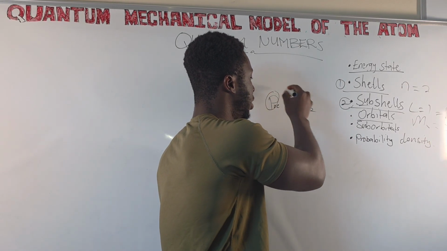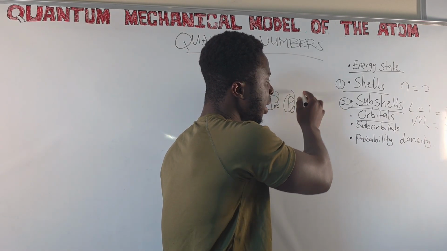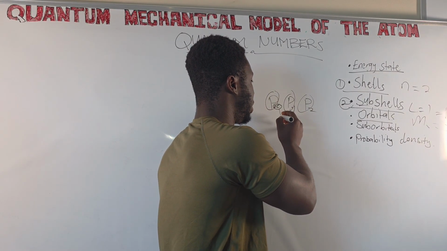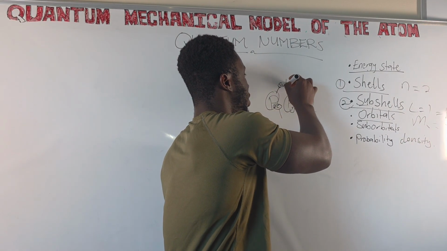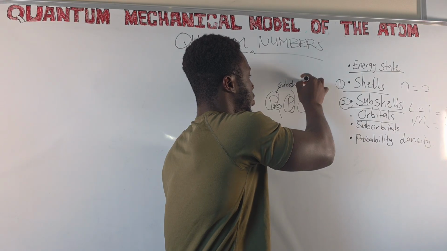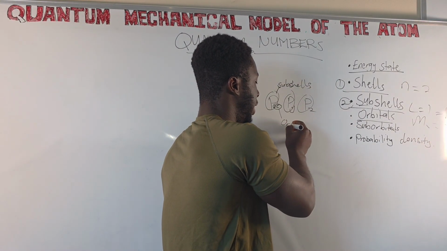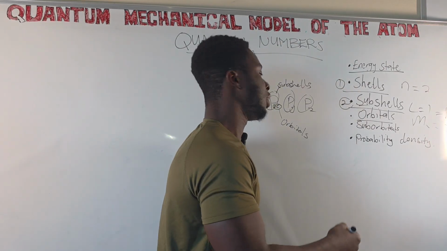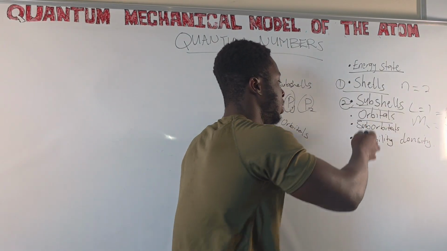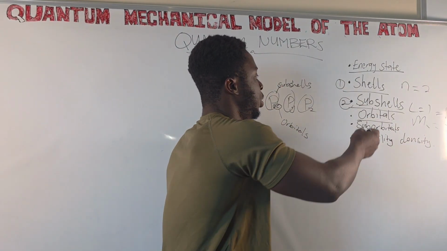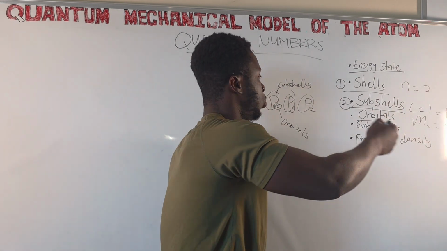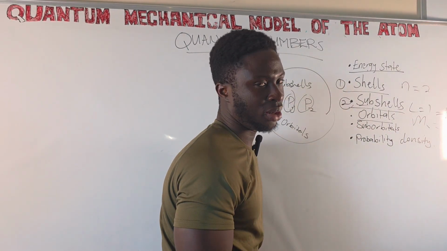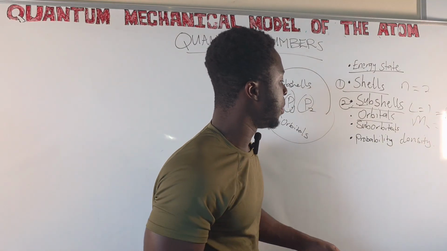The p is the subshell, and the x is the orbital. But the shell, which is the main energy level, could be n equals 2. So all of this could exist in one shell, if you get what I mean.